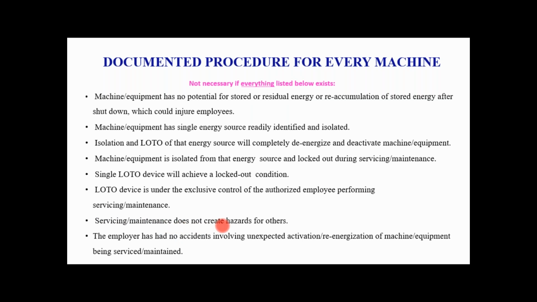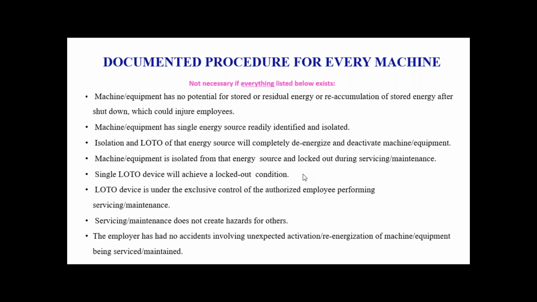Servicing and maintenance does not create hazards for others. So we have to judge these servicing steps or maintenance steps so that they do not create any type of hazards for other persons also. The employer has had no accidents involving unexpected activation or re-energization of machines or equipment being serviced or maintained. So these are the documented procedures for every machine.